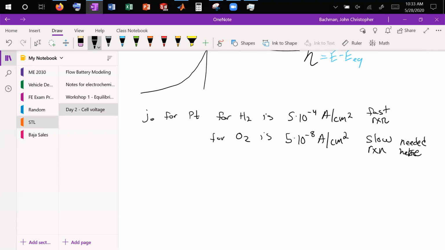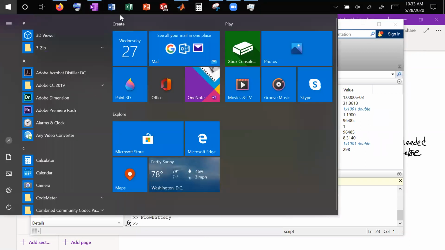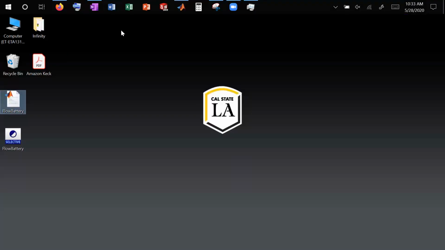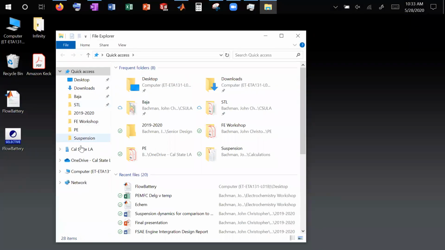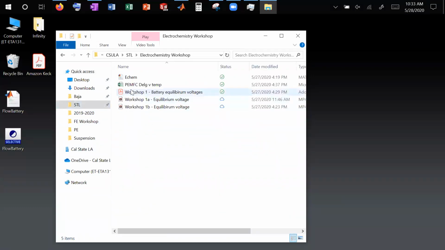All right, so let's fire up, if you have your old code from last time, we can fire it up. So let's see here. Is it on my desktop still? No. Yeah, we got our electrochemistry workshop.